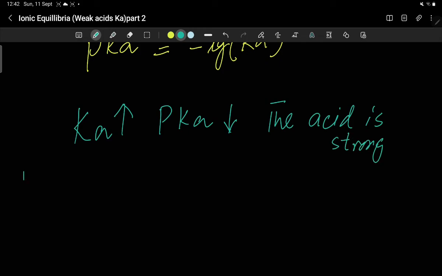And if the Ka is lower, the pKa value is higher, the acid is weak.